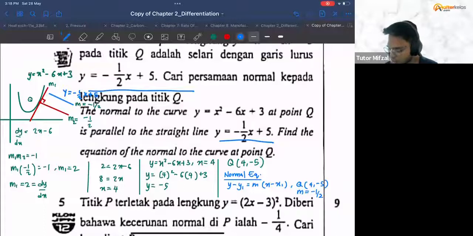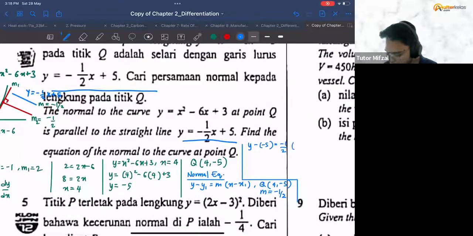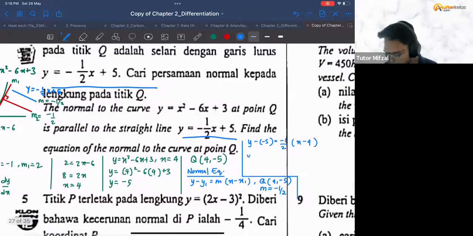Now, solving for this, I should get y minus -5, -1/2. X kita is berapa? X minus x1, 4. So y plus 5 equivalent to -x/2 plus 2. Y equivalent to -x/2 -3. Nah, this is your answer.